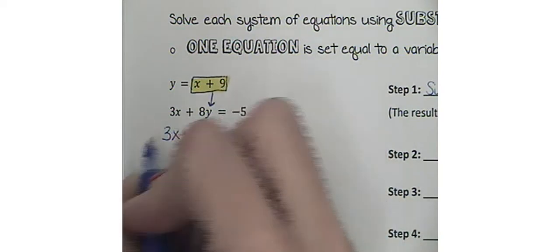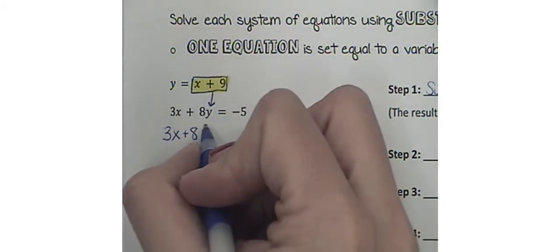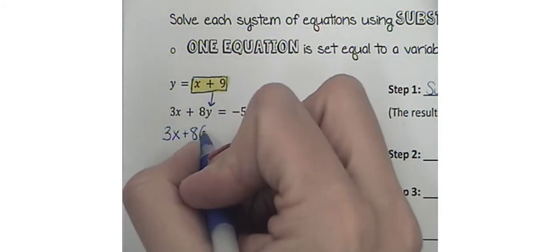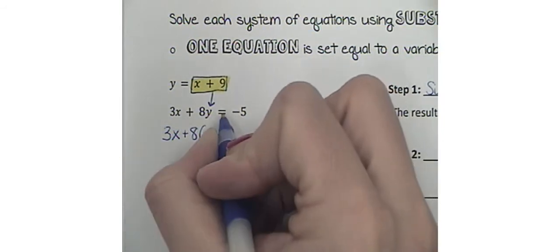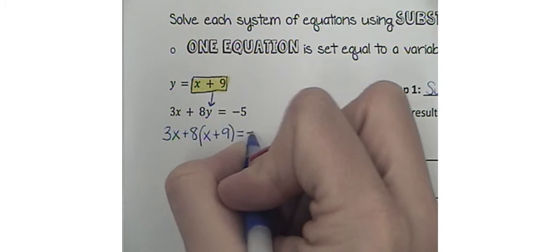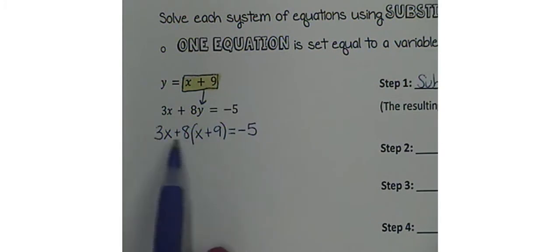Y comes out and sits on the bench, and I'm substituting in what y is equal to. So it's the x plus 9, and then I have my equal sign and a negative 5. So notice that this equation just has x's, because I know how to solve when I have the same type of variable. I do not know how to solve if I have both x and y.